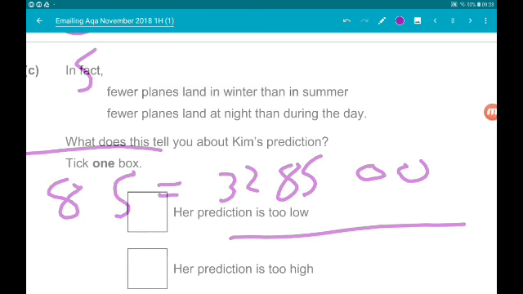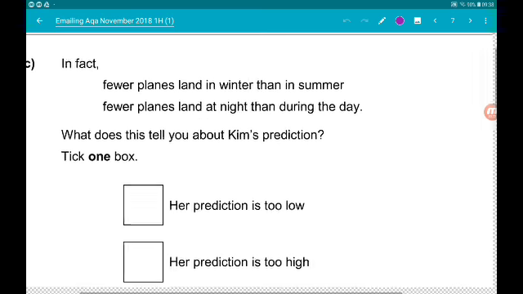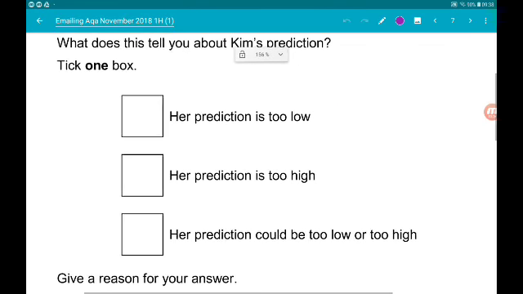Cool. Okay, then for part C, we are told, in fact, fewer planes land in winter than summer. Fewer planes land at night than during the day. What does this tell you about Kim's prediction? Tick 1 box. Give a reason for your answer.